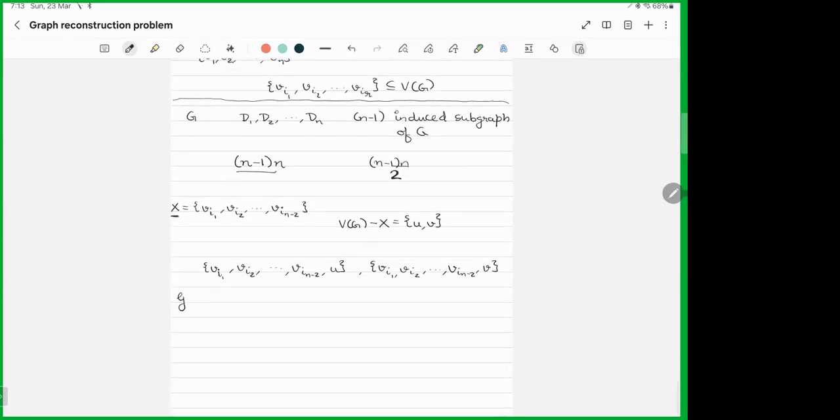So the collection G, which we created by deleting one of the vertices from the Dis, consists of n into n minus 1 graphs. What I will do here is make pairs of isomorphic graphs. I will take a graph, find another graph isomorphic to it, and pair them. So I will get n into n minus 1 by 2 pairs. And from each pair, I will take one card.